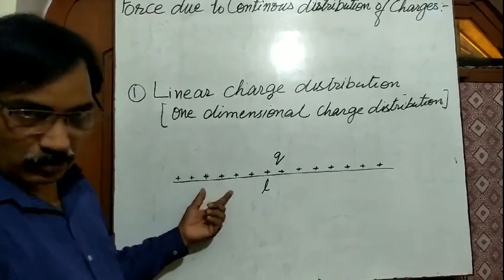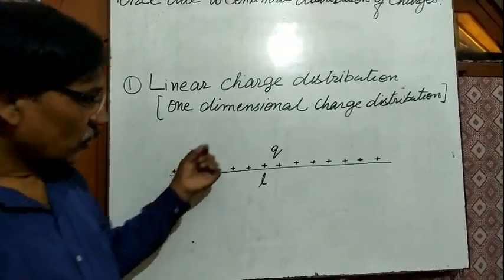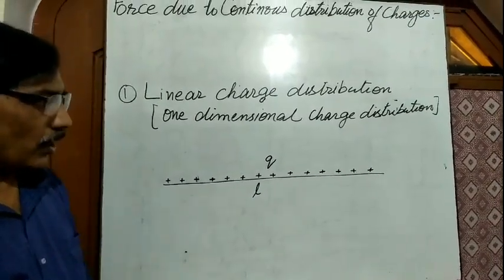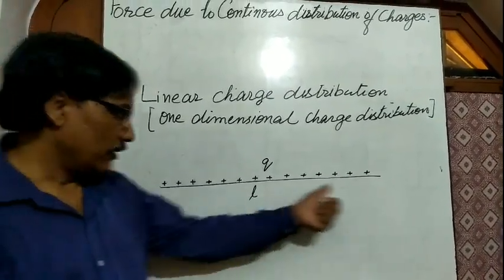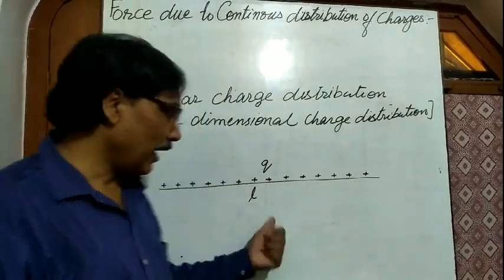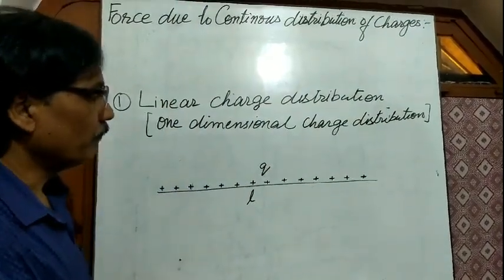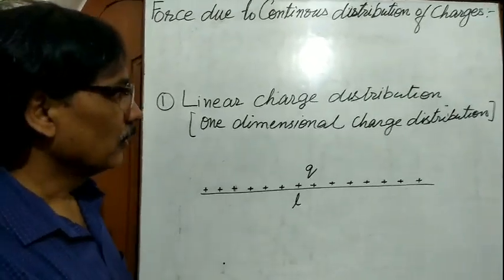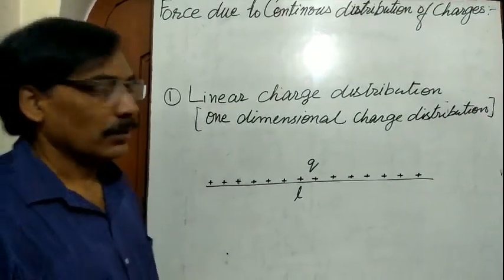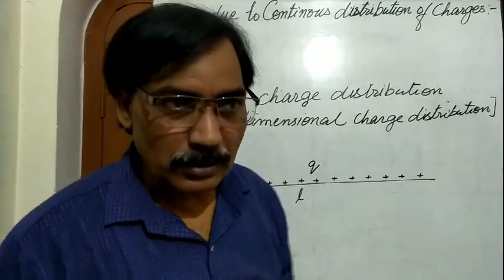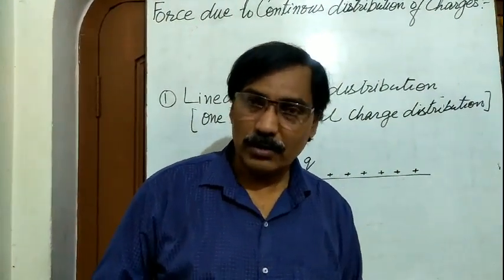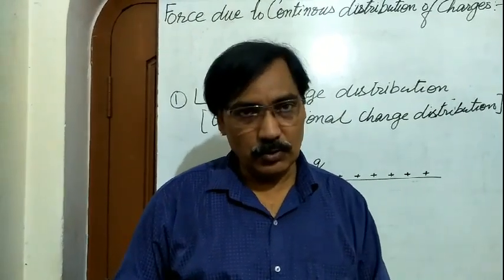Suppose Q coulomb charge is distributed along a wire of length L. Then this type of distribution is known as linear charge distribution or one dimensional charge distribution.